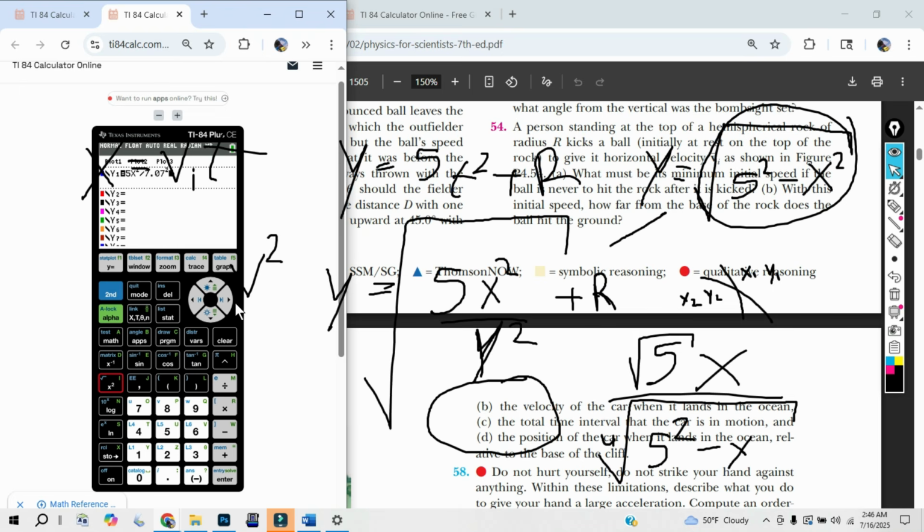And then the next graph is going to be the square root of 25 minus x squared. Hell yeah. All right, let's graph that and see. This is going to be from negative 5 to 5, so just zoom standard.